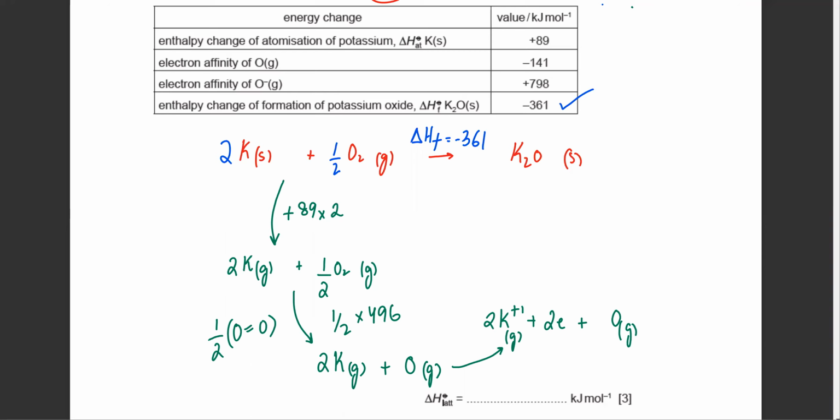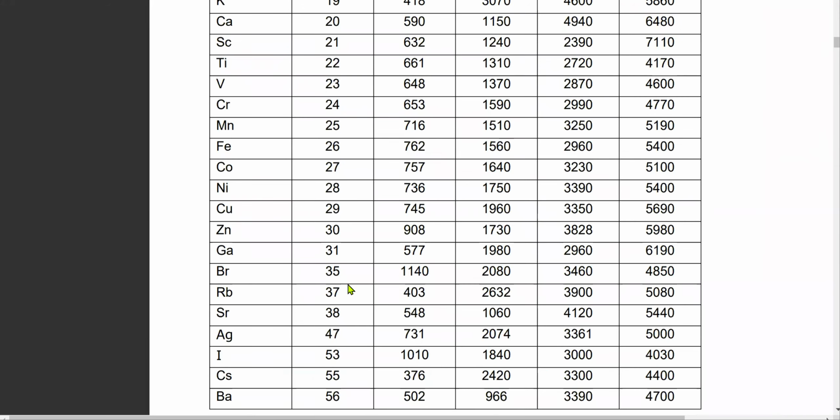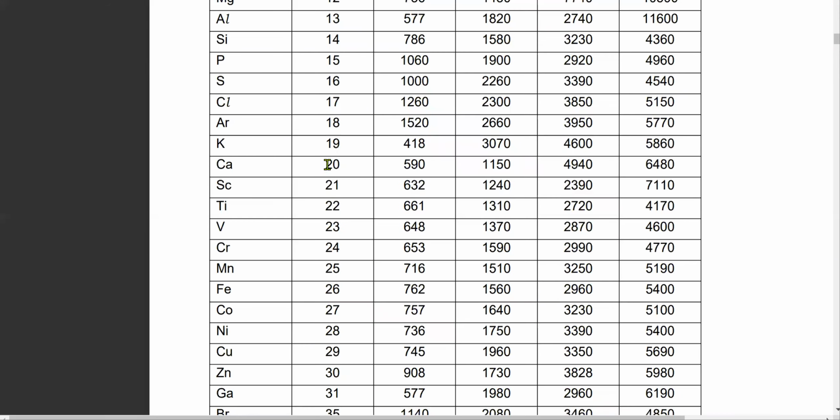So again, open the data booklet somewhere over here. There must be potassium. So you've got potassium, and there's 418 and C070. Okay, these two values. No, not these two values.